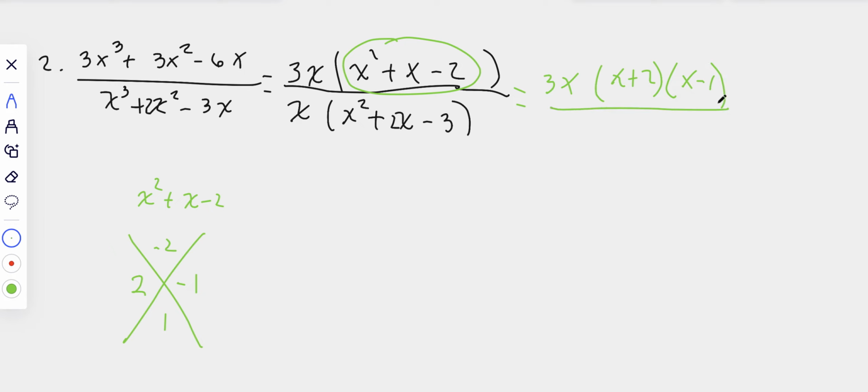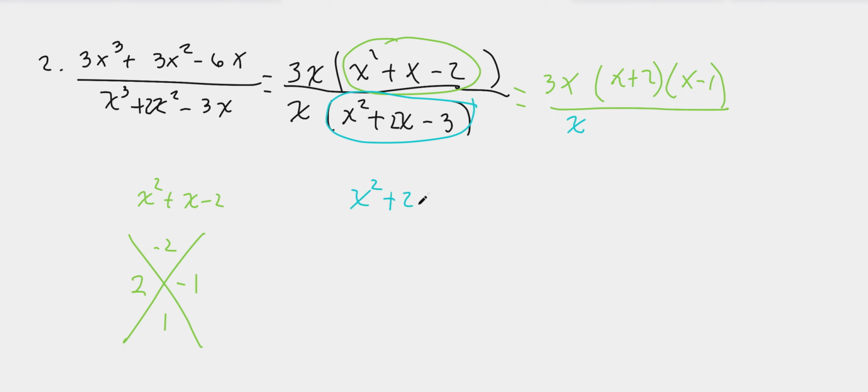And that's being divided by, let me change the color. Now let's factor this. So I already have an x on the denominator. Write down x squared plus 2x minus 3.